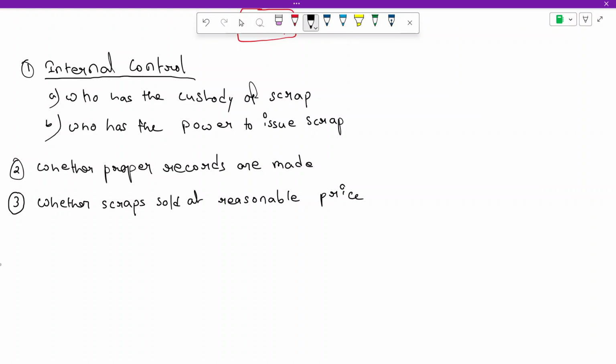Fourth will be whether a proper tender system is present.